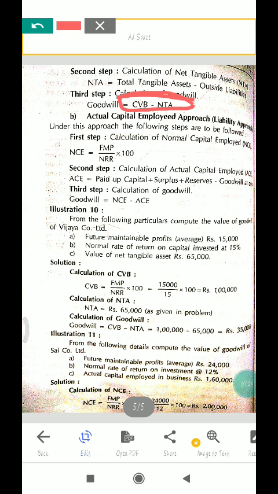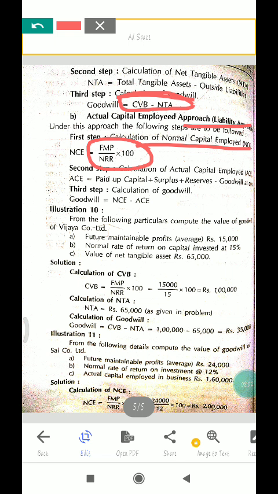The second approach is the actual capital employed approach, nothing but the liability approach. What are the steps involved in this approach to calculate the value of goodwill? The first step is calculation of normal capital employed. The formula is: normal capital employed is equal to future maintainable profit divided by NRR into 100. This formula is the same as the calculation of CVB.